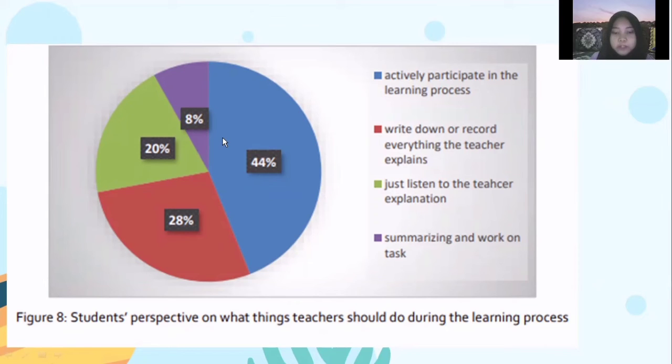Then about 32% of students chose the teacher to explain the formula and ask students to do the practice questions. About 8% of students chose the teacher to move around the classroom while controlling students' work and making comments. And then about 8% of students chose the teacher to guide students in discussing the text.